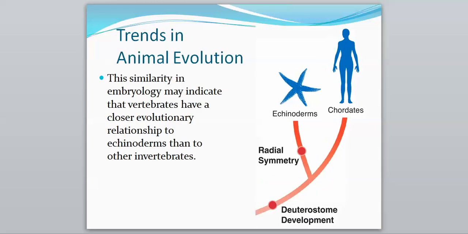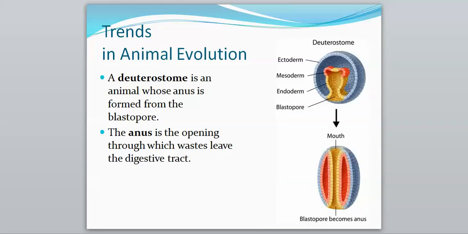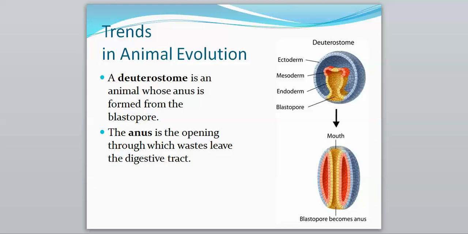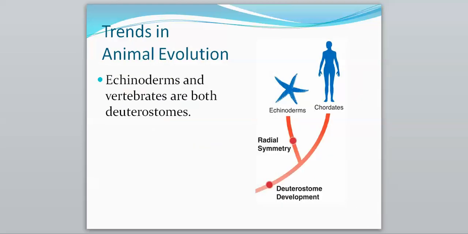That's what this says: this similarity in their embryos, or embryology, may indicate that vertebrates have a closer evolutionary relationship to echinoderms than to other invertebrates. Since we share this early development, and instead of being a protostome we are a deuterostome, we know that we might be more closely related to the echinoderms than any other invertebrate group.